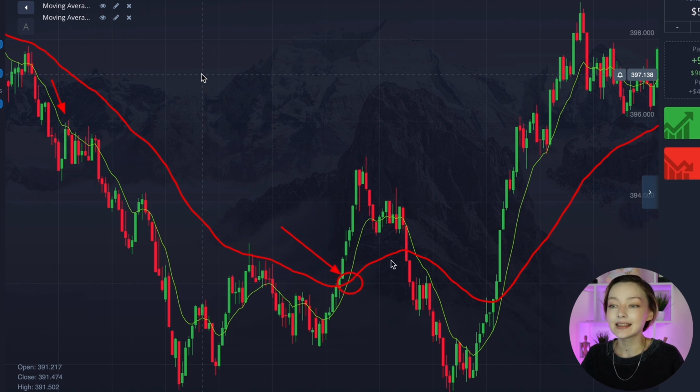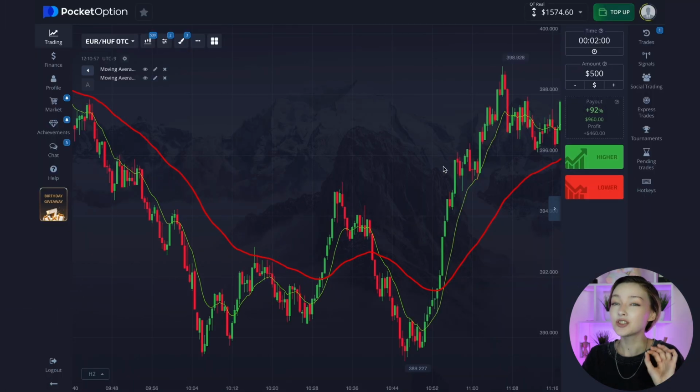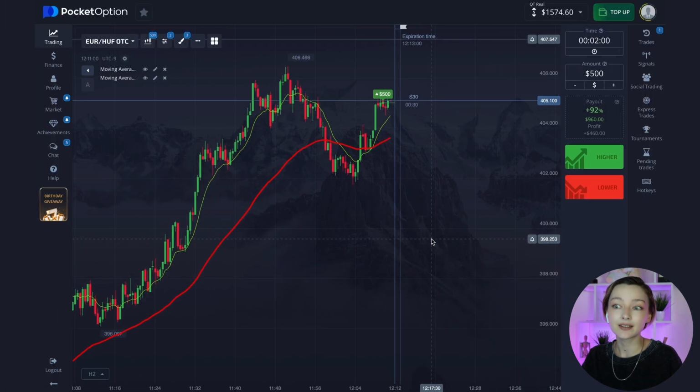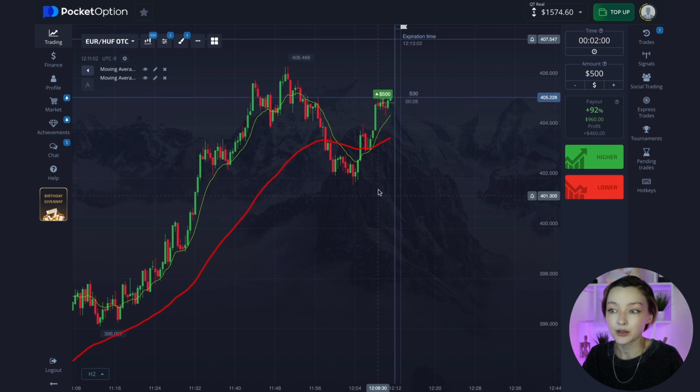Basically, this little time span right here, when the green line was above the red one, that is our uptrend. Well, the market changed the tendency from upwards to downwards after a little while, but that's totally alright. We work with these cases in certain chosen moments. Here's literally the same signal, by the way.